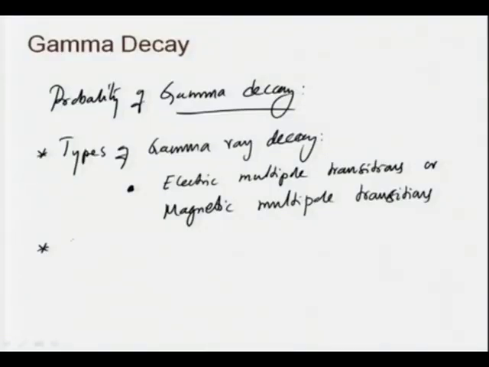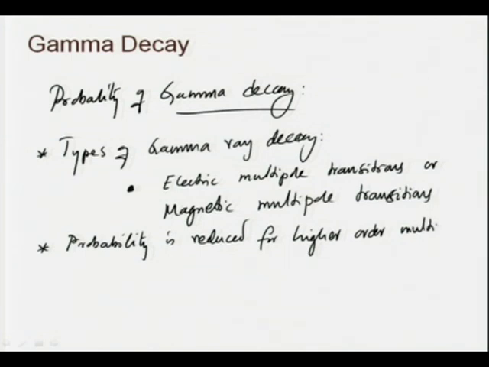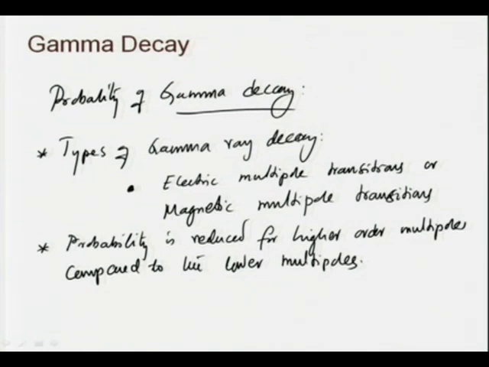It looks like the probability is reduced for higher order multipoles compared to the lower multipoles, which means multipole order 1, which is actually the dipole transition, is more probable if otherwise possible compared to the quadrupole, which is the order 2 multipole transition.